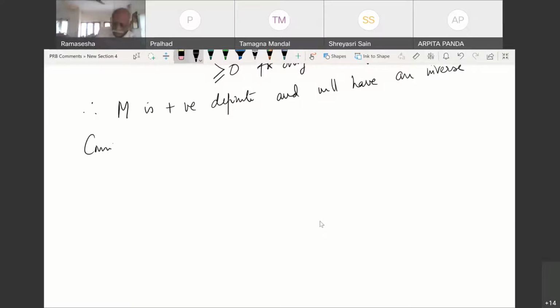Okay, consider the interval a comma b and w(x) is equal to 1, which is greater than or equal to 0 over the entire interval.